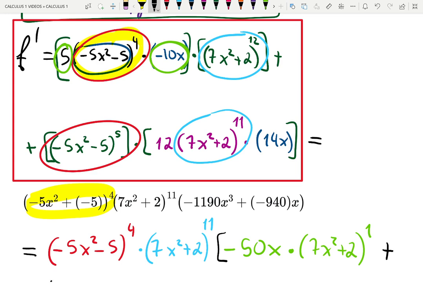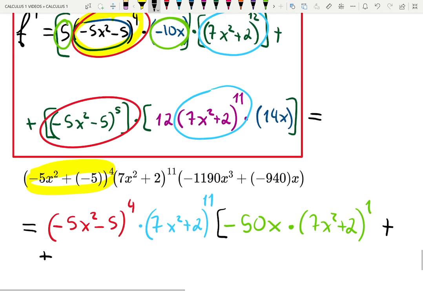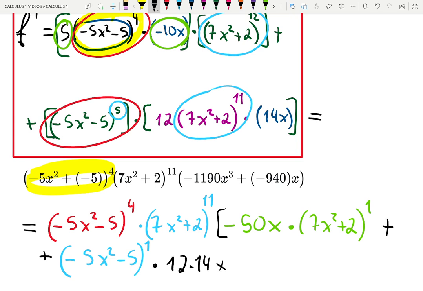Plus, and from the second term, we have a leftover over here. Instead of 4, we have 5, so it will be minus 5x squared minus 5 to the 1 times, and now we have 12 times 14, 12 times 14x.